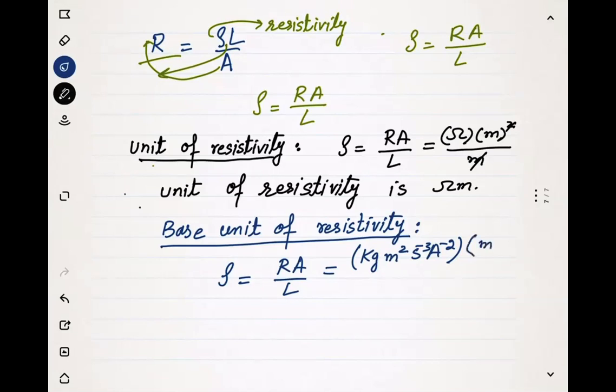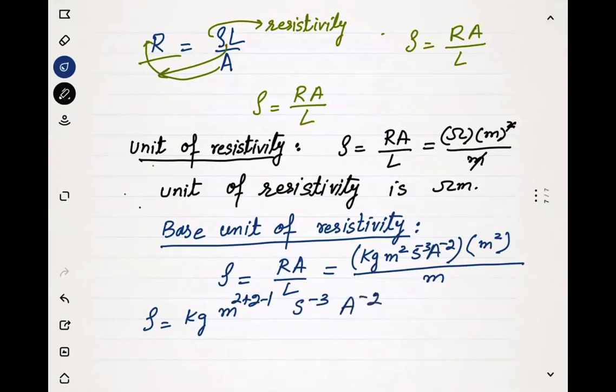Then for area it is meter square, and for length it is meter. So the final form of the base unit of resistivity will become kilogram meter power 2 plus 2 minus 1, second power minus 3 and ampere power minus 2. So the base unit of resistivity would be kilogram meter power 3 second power minus 3 and ampere power minus 2.